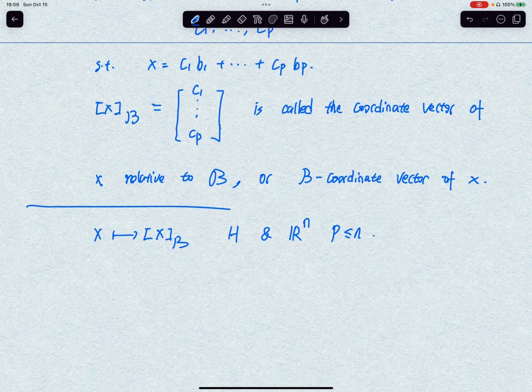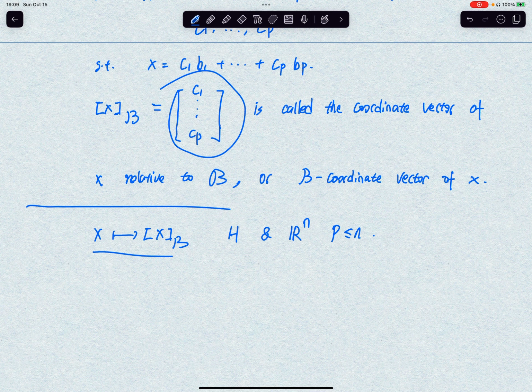Since it maps to the basis of the subspace, and this coordinate multiplied correspondingly to the basis forms x itself, we can see that such a mapping indeed preserves the vector space structure.